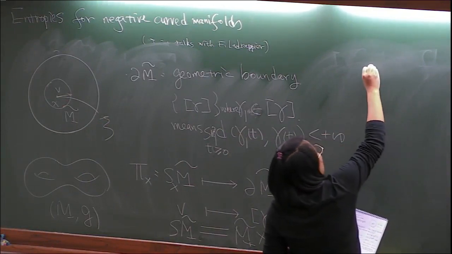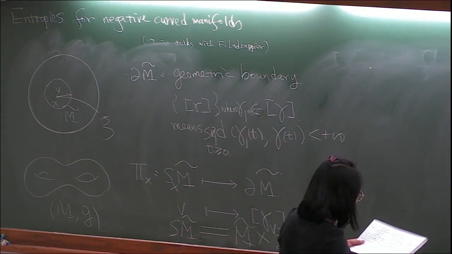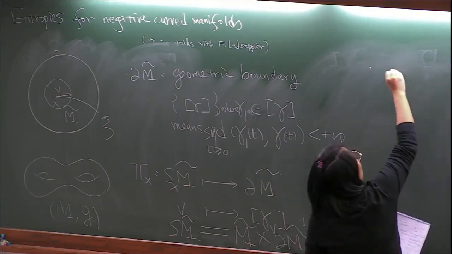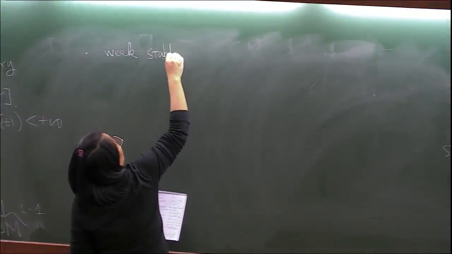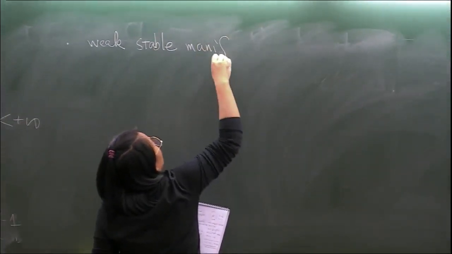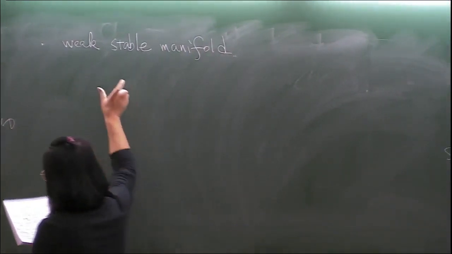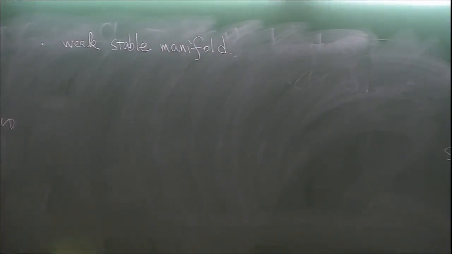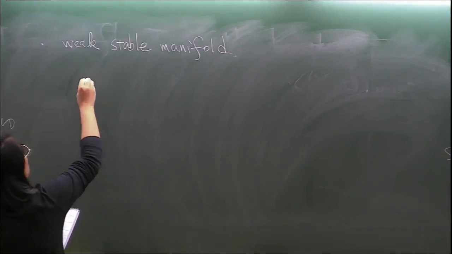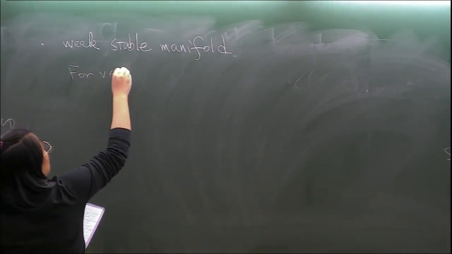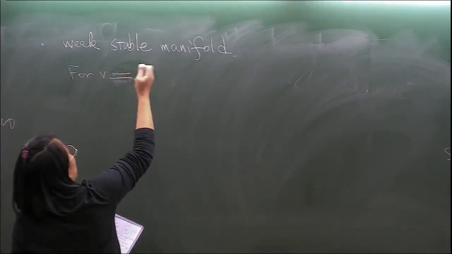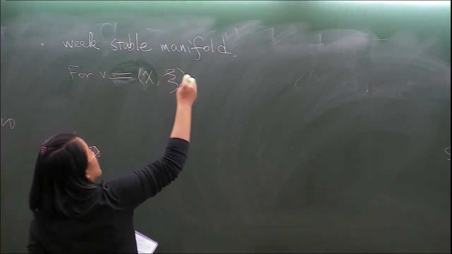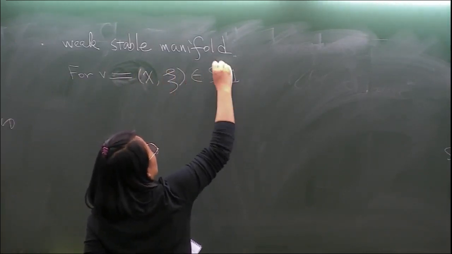And then one dynamic notion is about this weak stable manifold for the geodesic flow. So that means if you are given any v in SM tilde, because we have this identification, it is (x, ξ), which belongs to SM tilde.